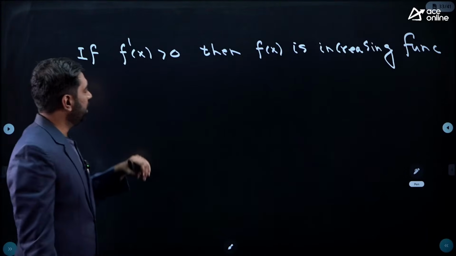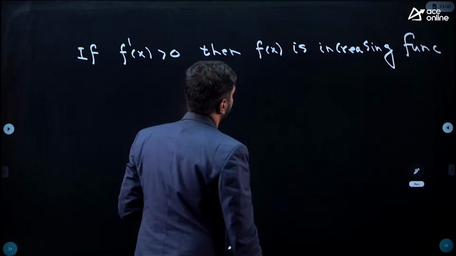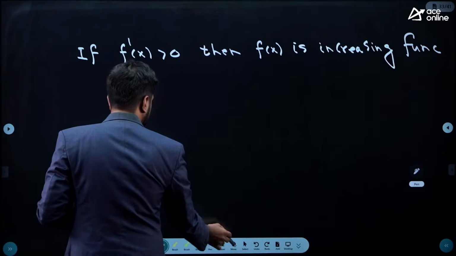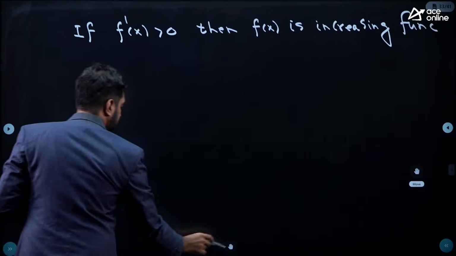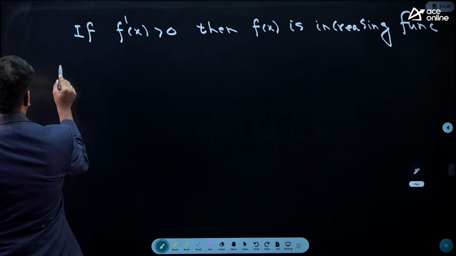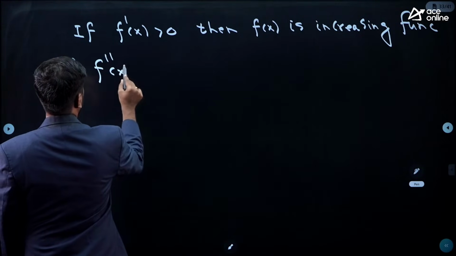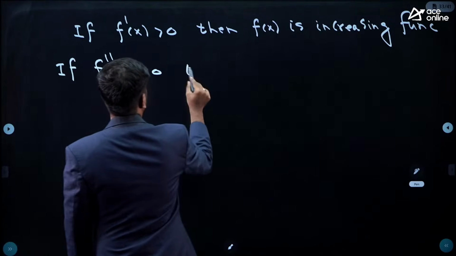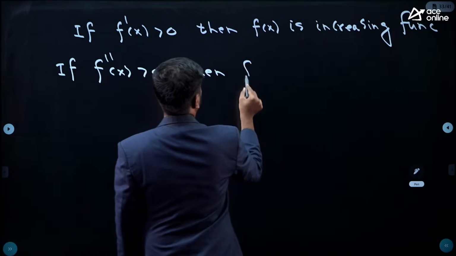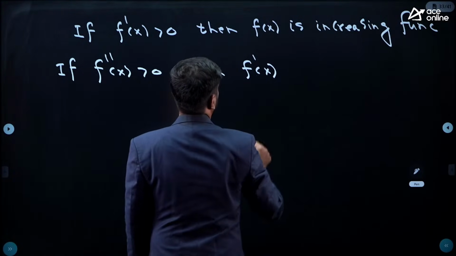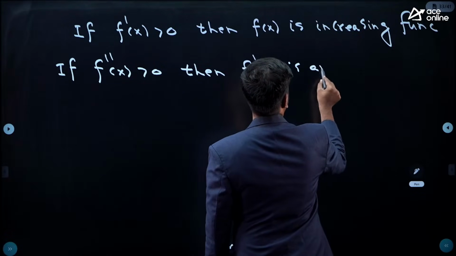Right? If f dash of x is greater than 0, then f of x is an increasing function. Now, what can I say? Can I also add a point like this? If f double dash of x is greater than 0, then its first derivative, that is f dash of x, is an increasing function.